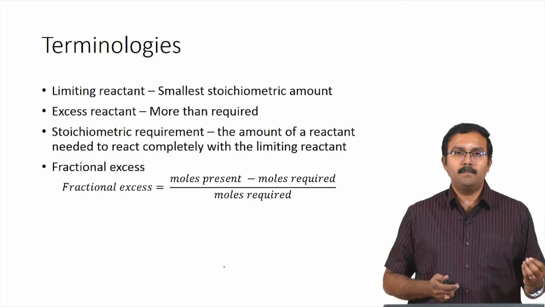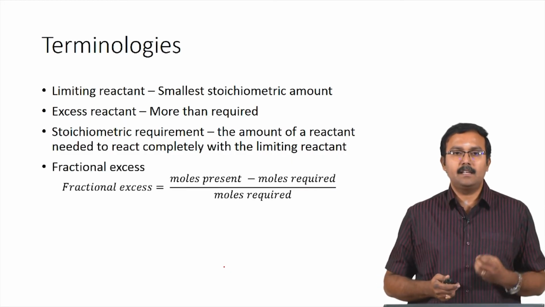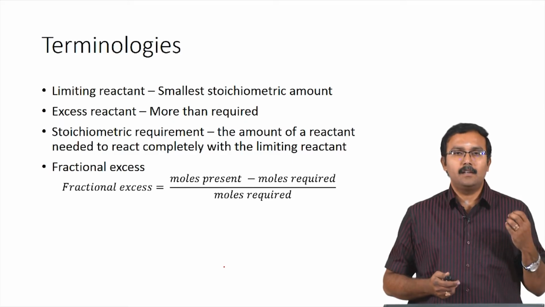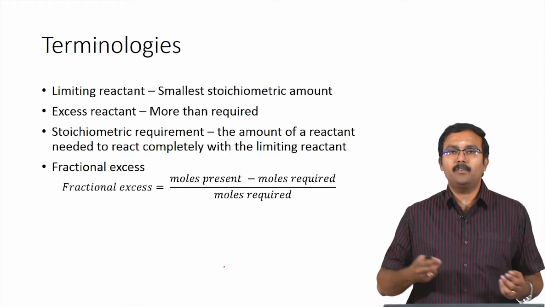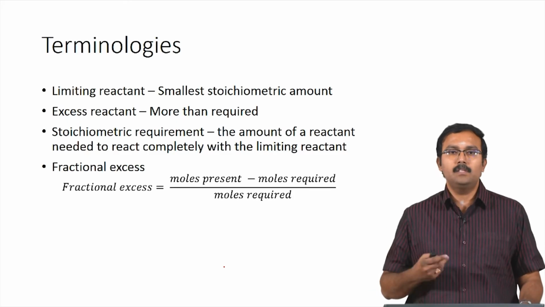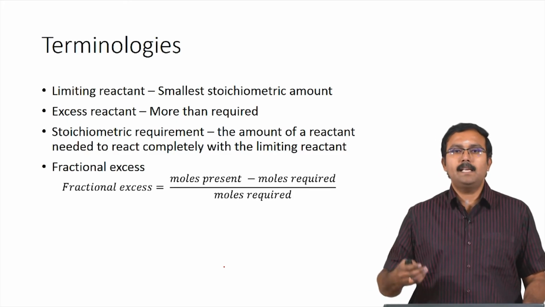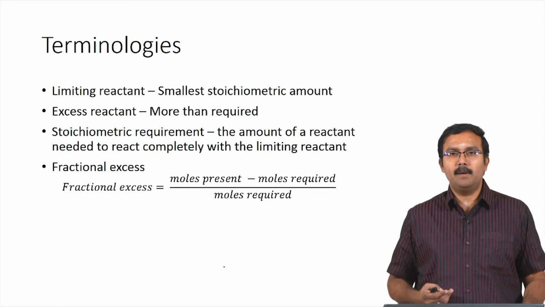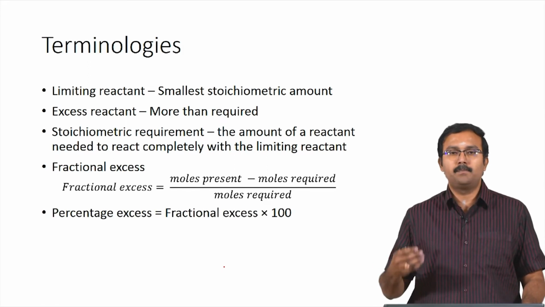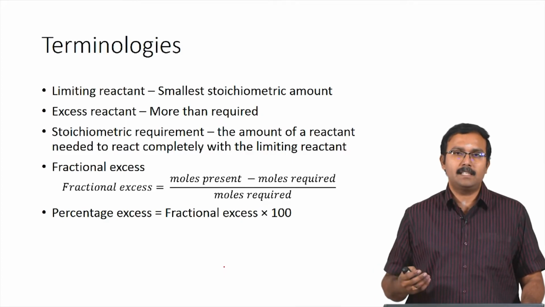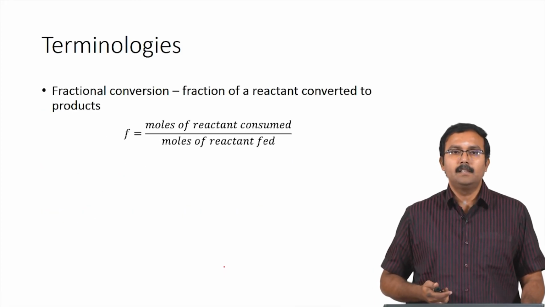You also have a term called fractional excess, which is defining how much of the excess reactant is actually supplied and at what fraction it is in excess. So, this is defined as moles present minus moles required divided by moles required. This fractional excess can also be written as percentage excess, which would be fractional excess times 100.